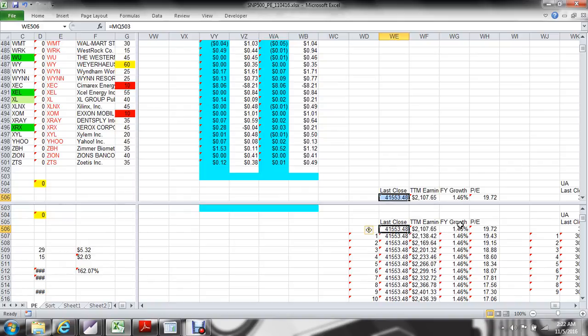The total of each closing price of the 500 companies gives a PE ratio of 19.72 on Friday's close, which is the lowest close in this current downturn to this point.